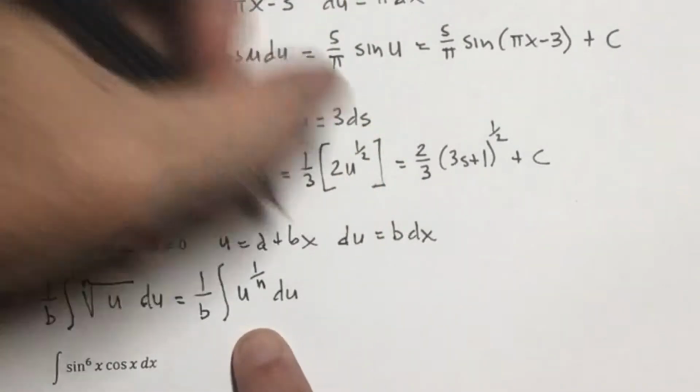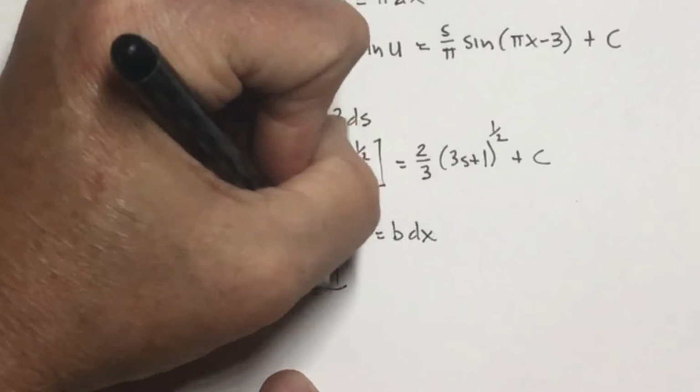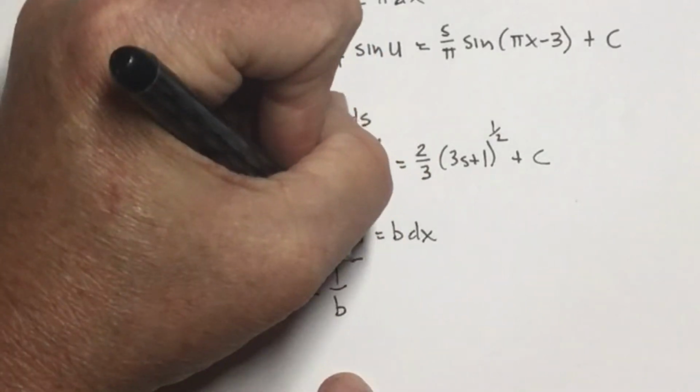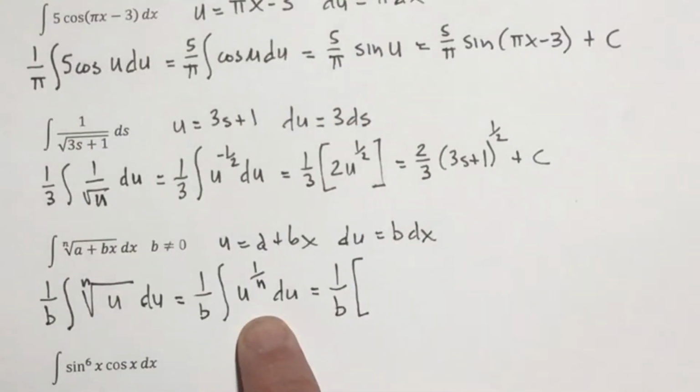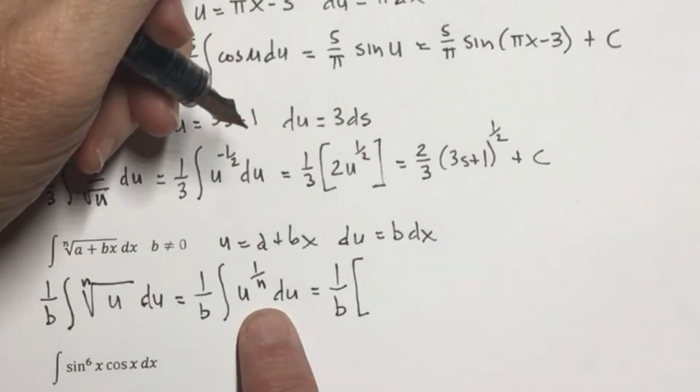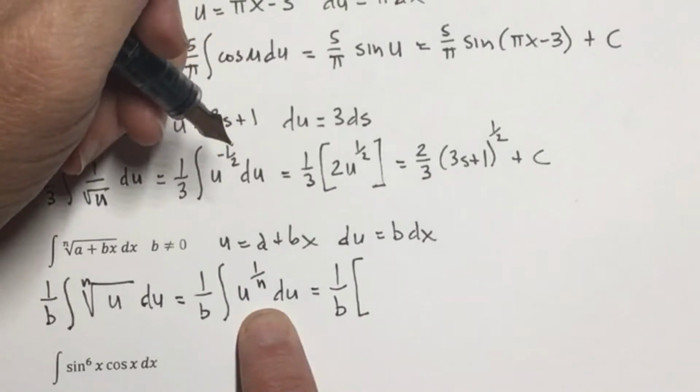All right, so what's the integral of that? Well, it's 1 over b. And let's see, u to the 1 over n. I have to add 1 to that. That's n over n. So n over n plus 1 over n is n plus 1 over n.